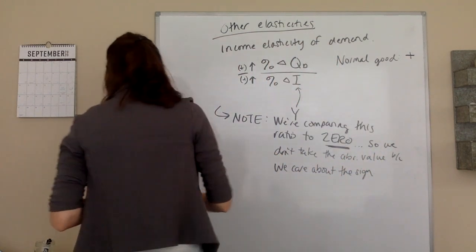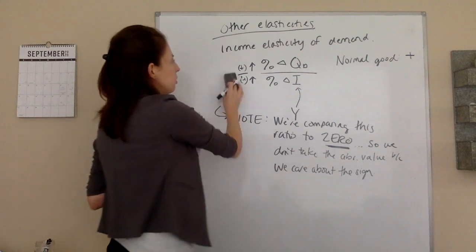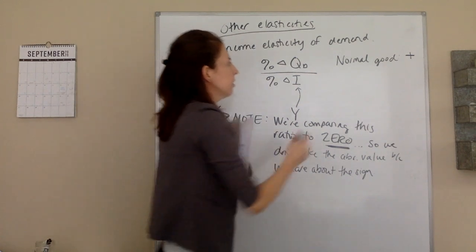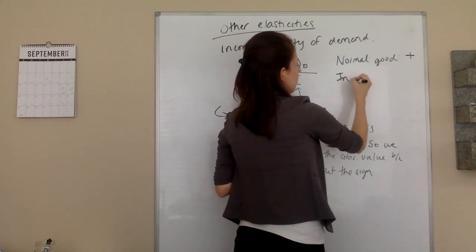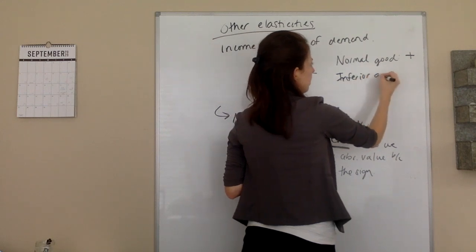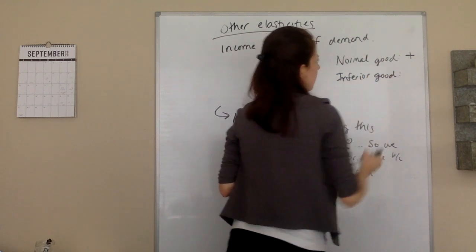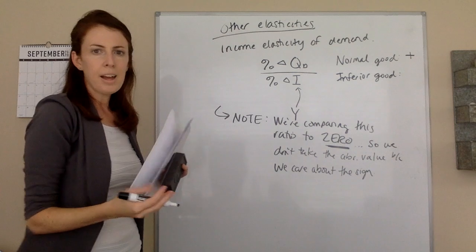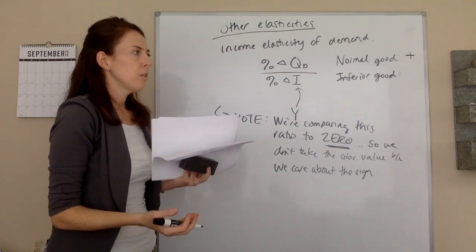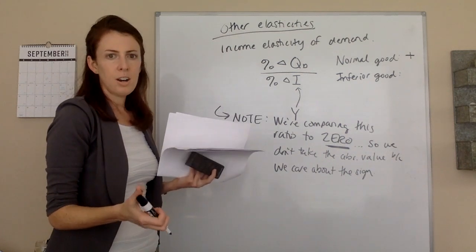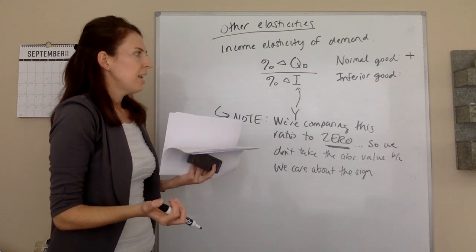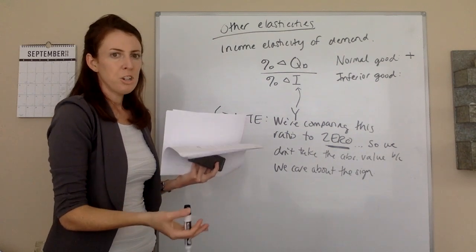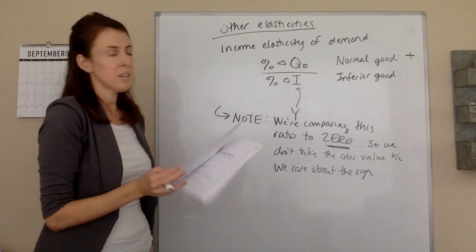Okay, now let's think about the other type of good that we had, which was an inferior good. So an inferior good is one where if you give a person more income, they actually demand less of the good. So the examples we were thinking about were like hot dogs and ramen noodles, where if you give someone more money and you make them richer, they actually cut back their consumption of those things.